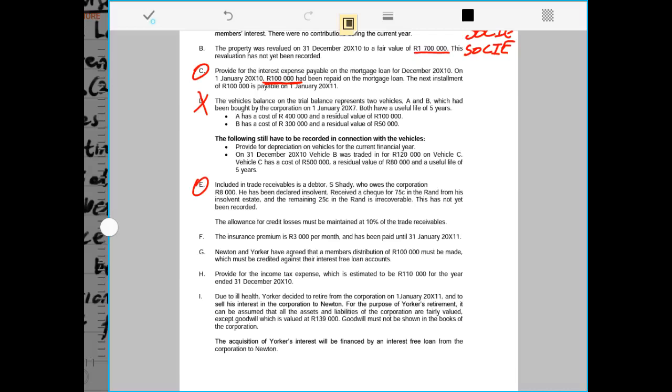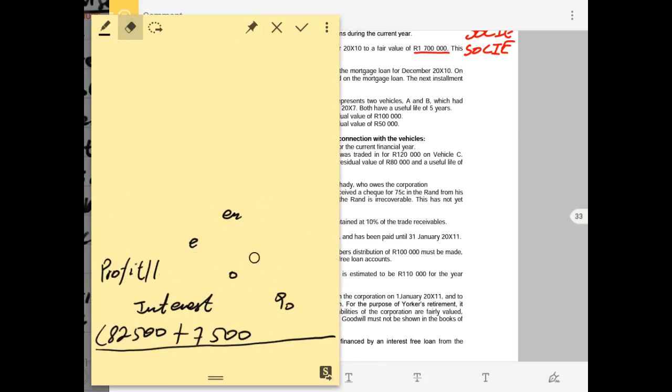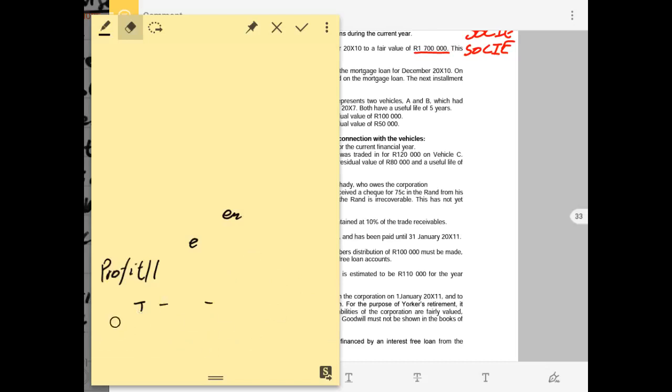This has not yet been recorded. So now we have to recognize this as a bad debt, and another section will have to be recognized as bank because a portion was received and another portion was not received.